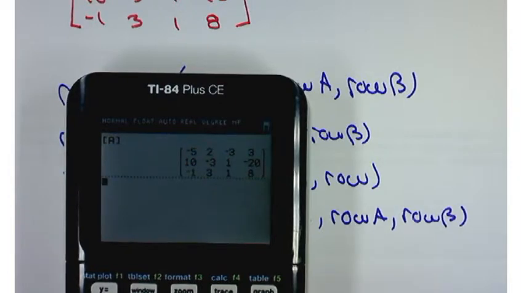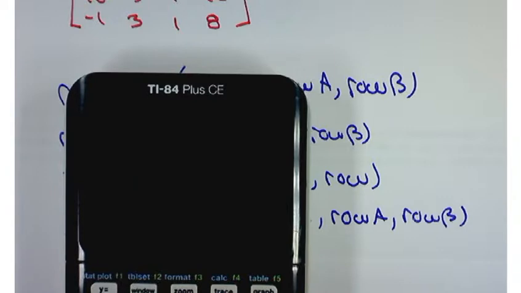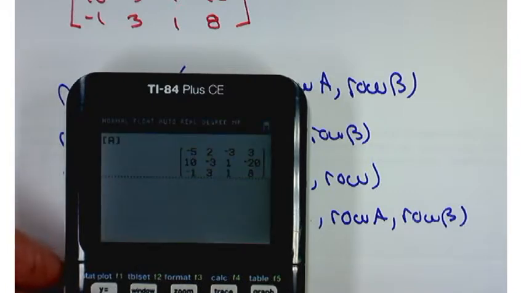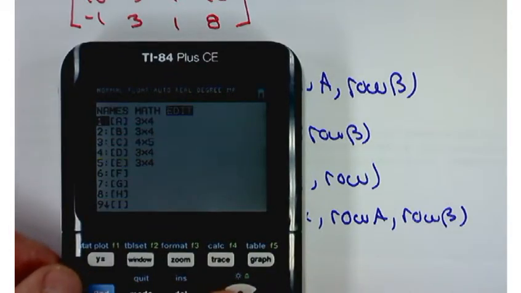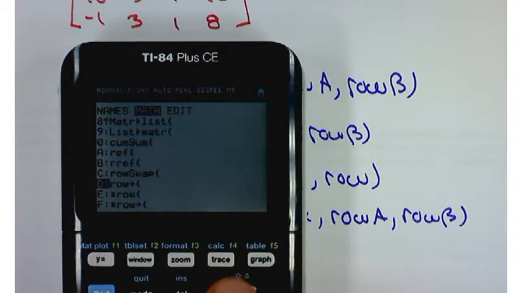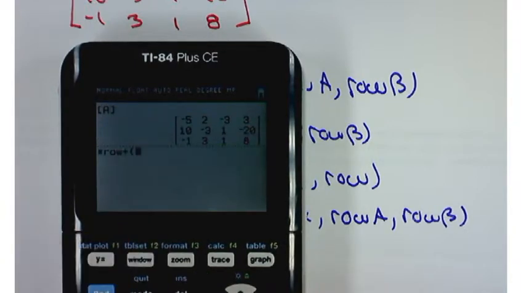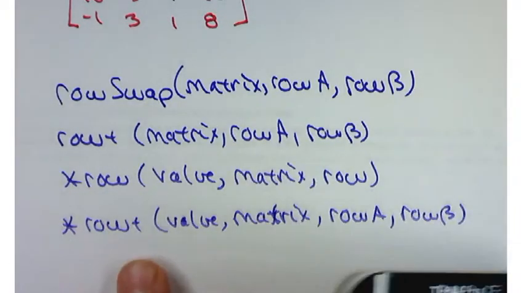Problem 22 asked me to multiply 2 times row 1 and add it to row 2. Here's what it would look like if you were stuck doing it by yourself. You'd take the second matrix, you'd have to go over here, and then up to this command, star row add. So what's the form of that command?